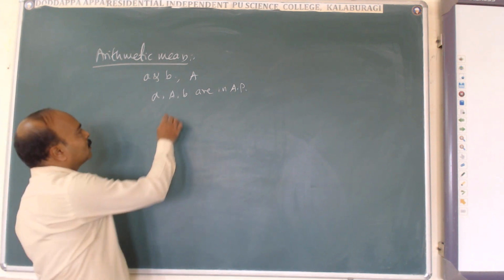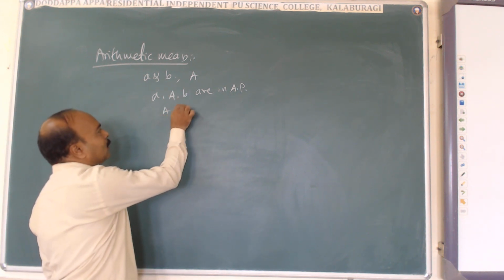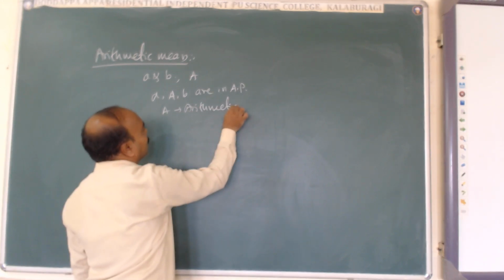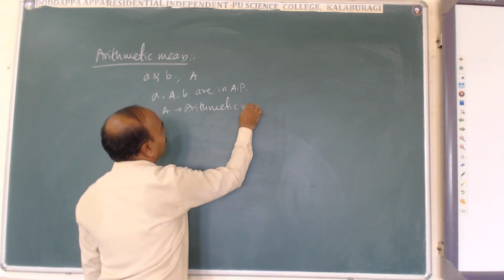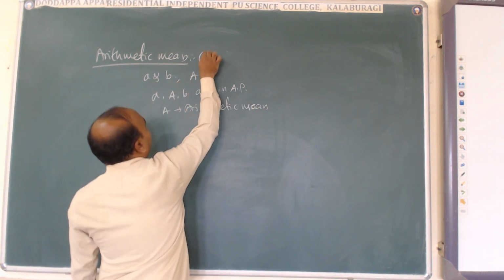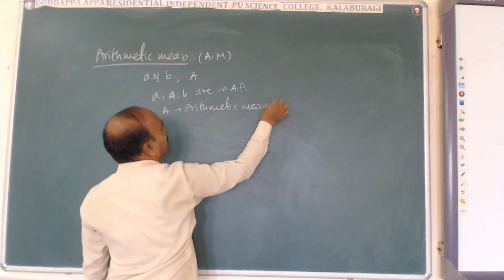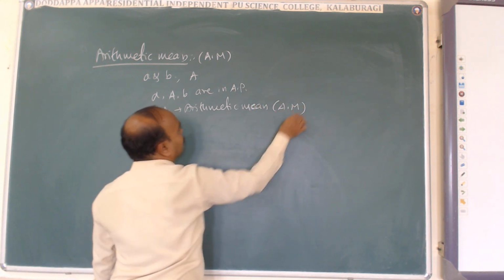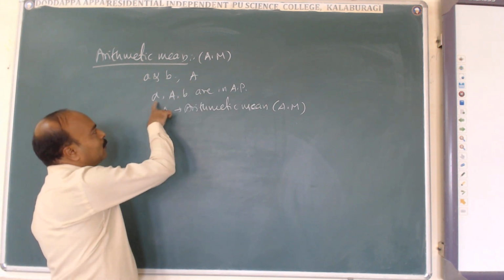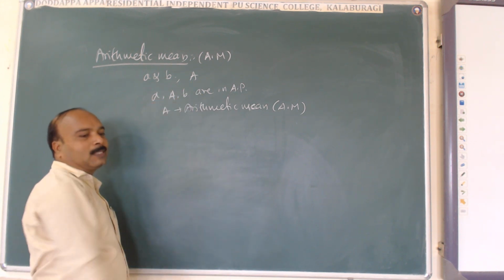Then this inserted number A is called the arithmetic mean between the numbers a and b. It is AM, you have to write in shortcut, arithmetic mean. So this A is called the arithmetic mean between the two integers a and b.